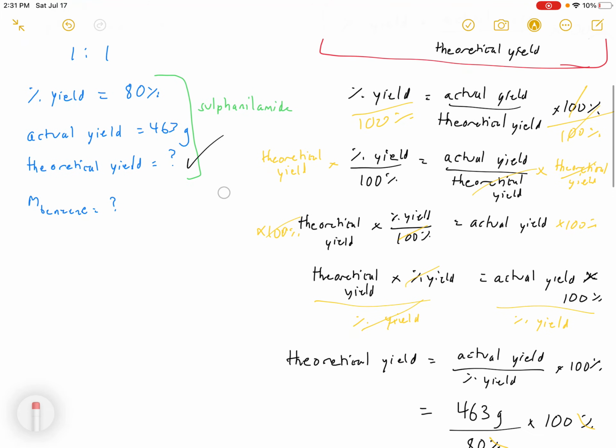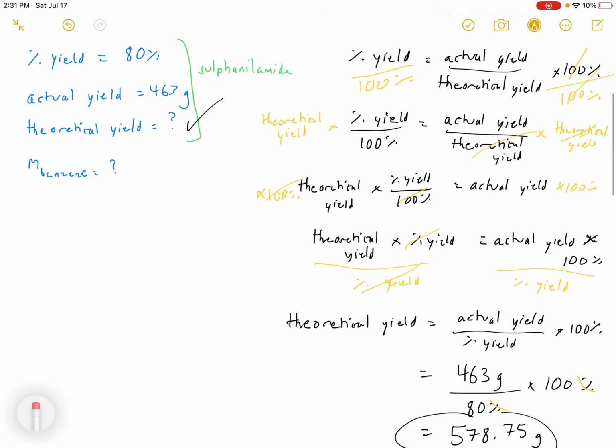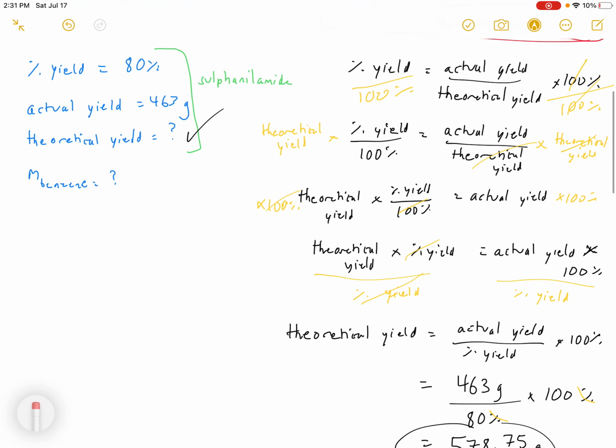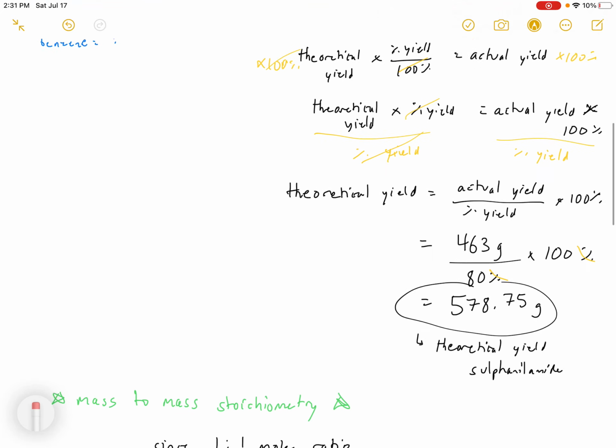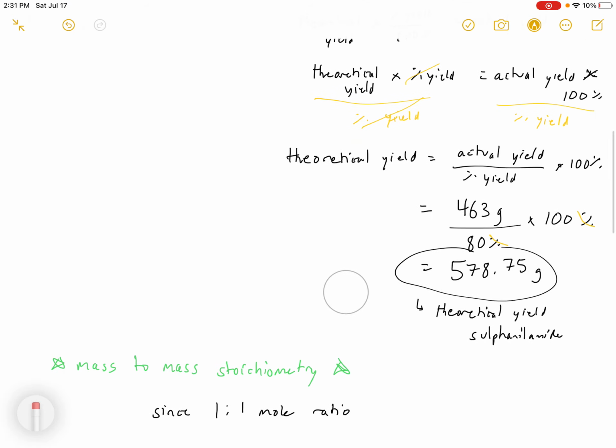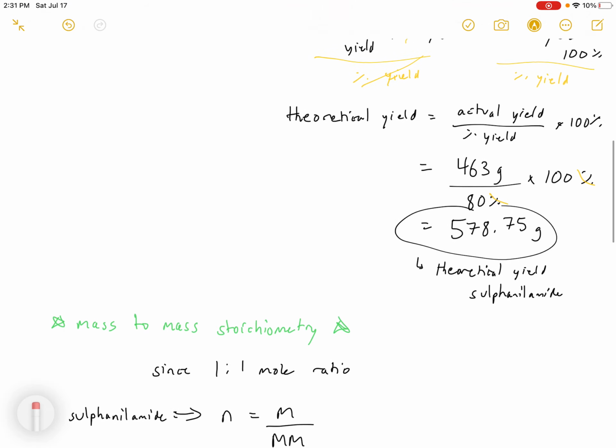And then the algebra. Algebra is just an important skill in senior math and science that will require some practice. If anyone's looking for resources on algebra, then please ask. We performed algebra to isolate theoretical yield on its own. Then we got the theoretical yield of sulfanilamide.